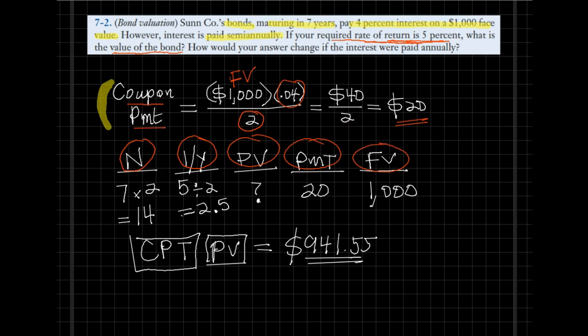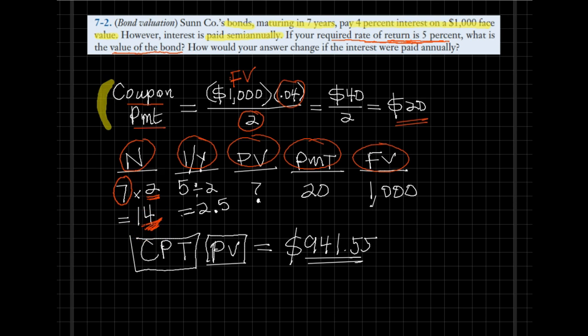And let's begin. So we are told the bond is a 7-year bond, and because the coupons are paid semi-annually, the interest accrues semi-annually, so we have to multiply by 2, and as a result we realize there will be 14 periods.